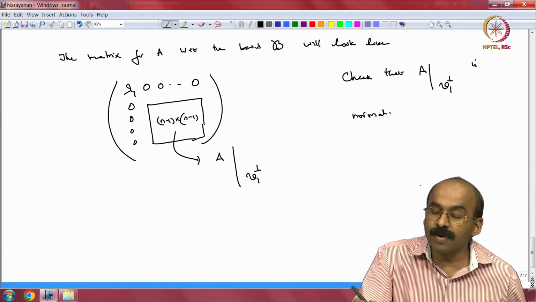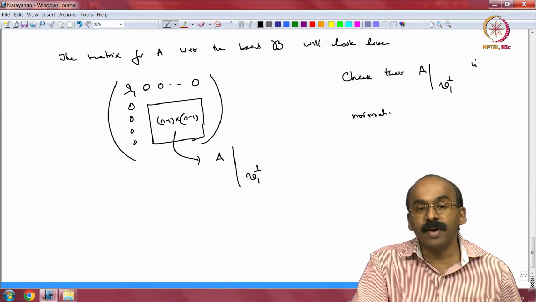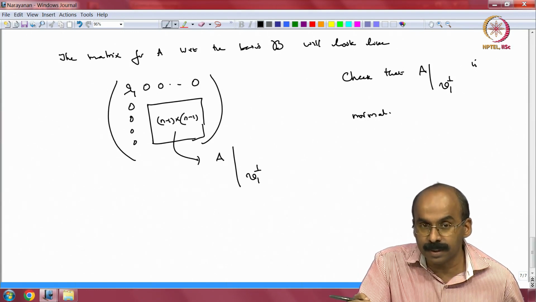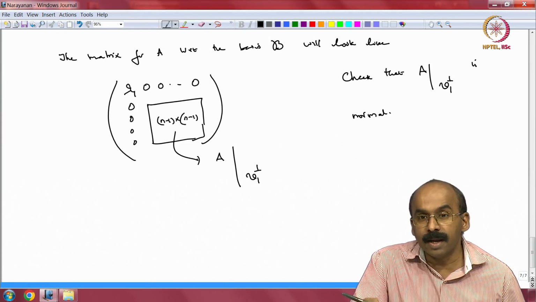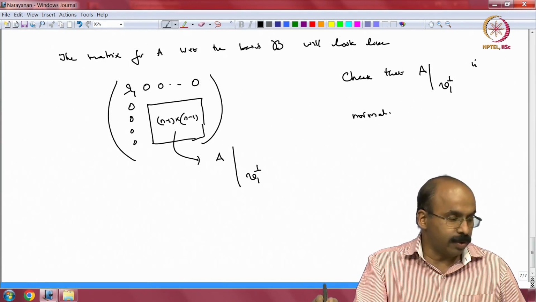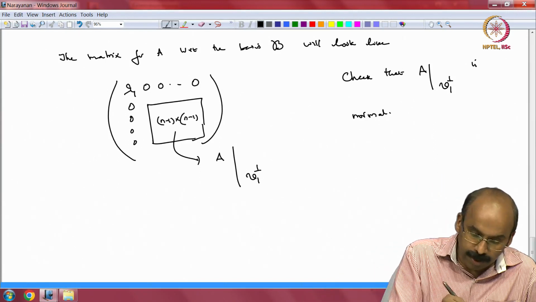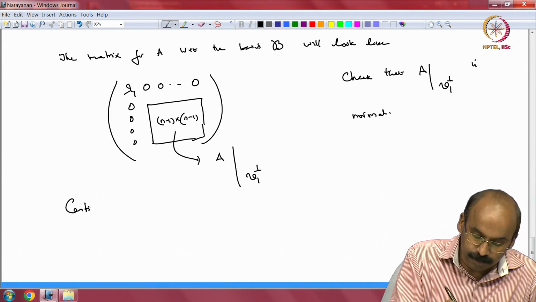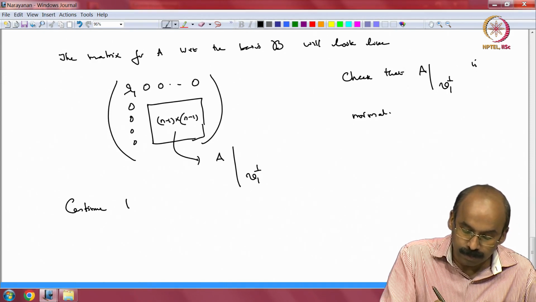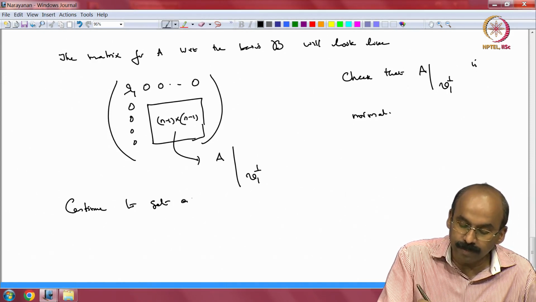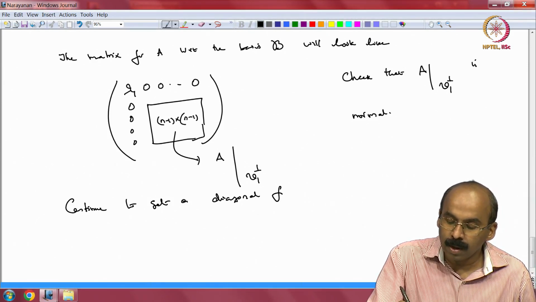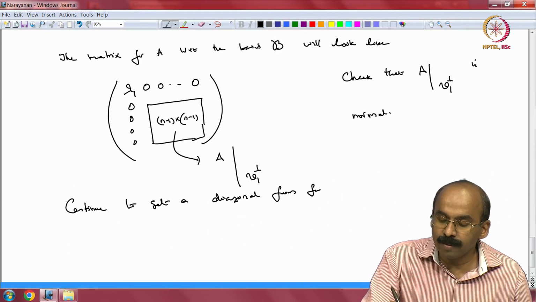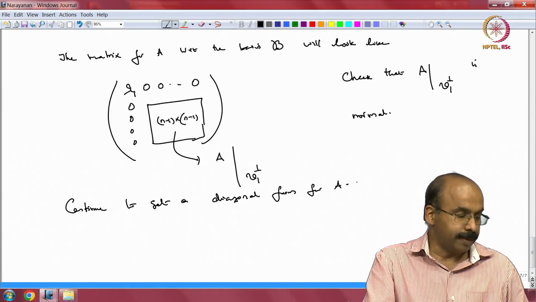So, once you have a normal matrix, now you have an n minus 1 dimensional space and you apply whatever we did earlier, here there is an eigenvalue and so on, right, you continue to get a diagonal form for A, right.